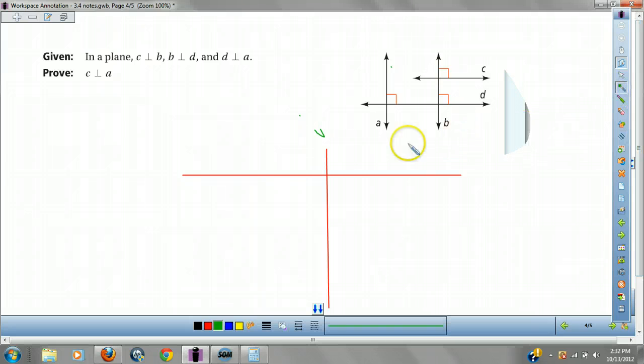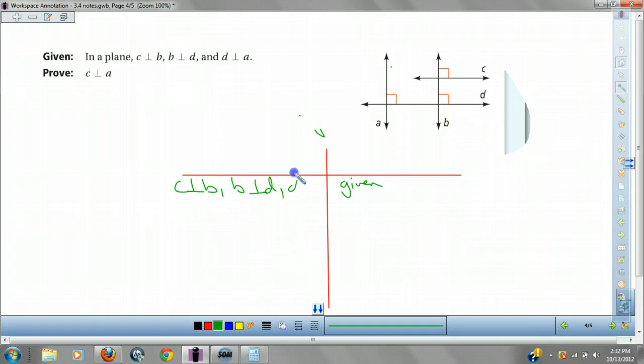Our given is C is perpendicular to B, B perpendicular to D, D perpendicular to A. We want to prove that C, if we extend it, will be perpendicular to A.